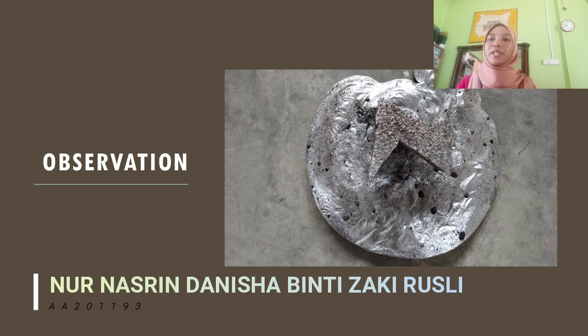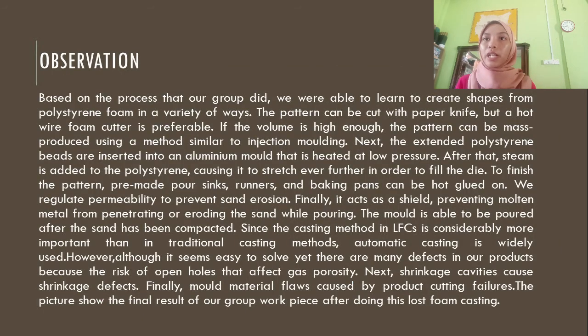Okay, I would like to share our group observation. Based on the process that our group did, we learned to create shapes from polystyrene foam in a variety of ways. The pattern can be cut with a paper knife, but it's easier if we use a hot wire foam cutter. Then, if the volume is high enough, the pattern can be mass-produced using a method similar to injection molding.